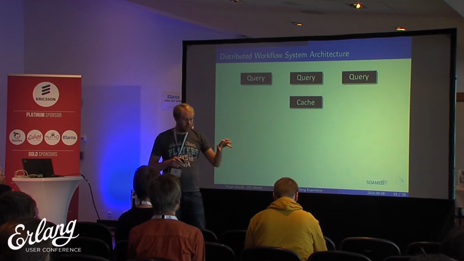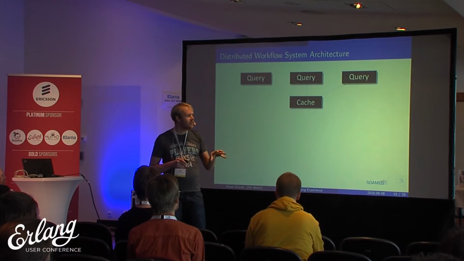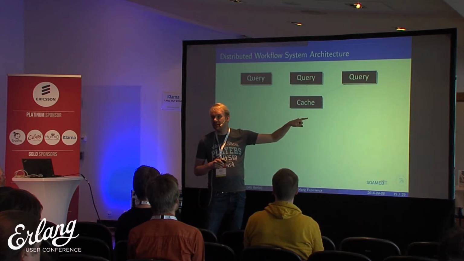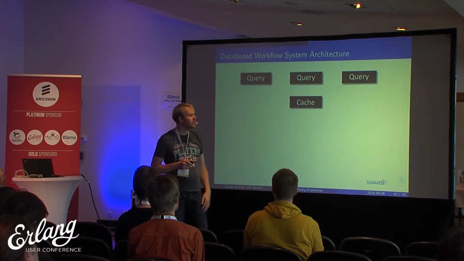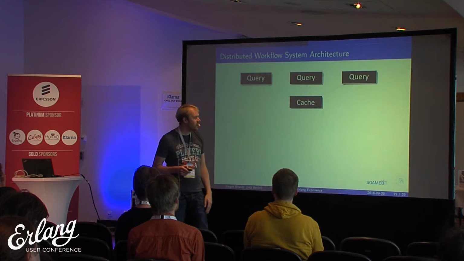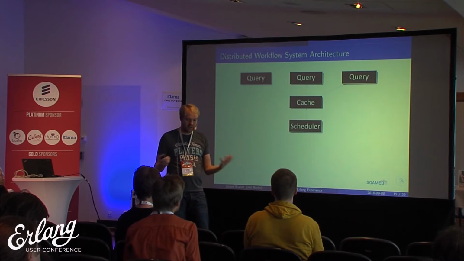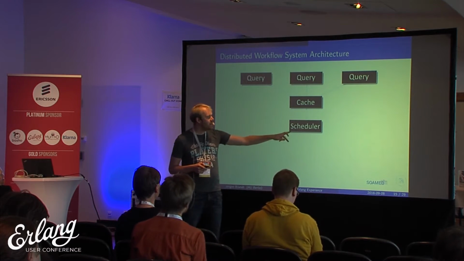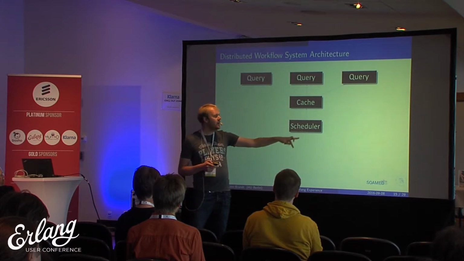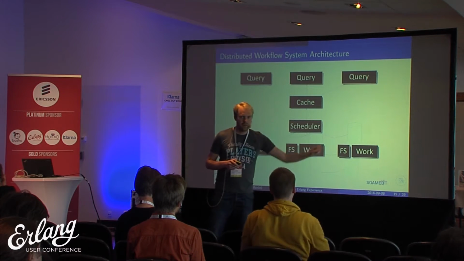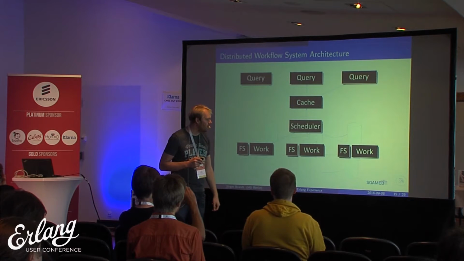So when they have to produce partial results for their workflows, they first ask a cache, and if the cache already has the answer, then it will answer this from the cache and will not talk to anything else in the system. But if it has to, because the answer is not already there, then it gives the task to a scheduler, and the scheduler makes sure that the workers get informed and can produce the results.